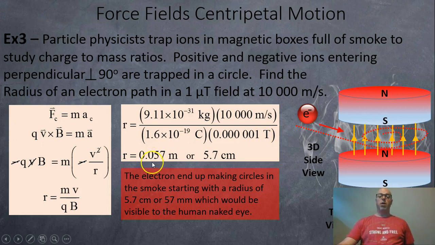That would make circles with radii of 0.057 meters, or 5.7 centimeters. It would be visible to the naked eye. Physicists actually do this when they're studying charge to mass ratio. They shoot a stream of particles into a magnetic trap, measure the radius, and with that they can measure the charge to mass ratio, m over q.